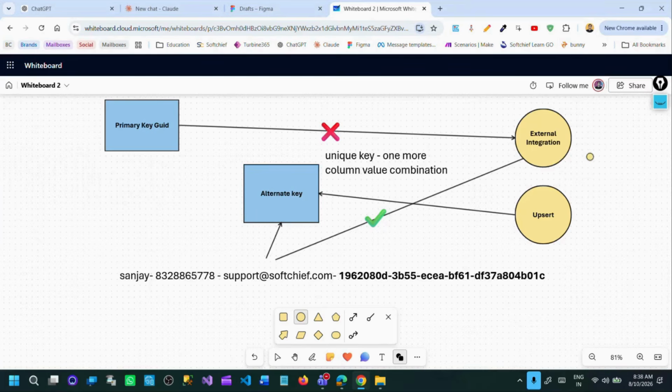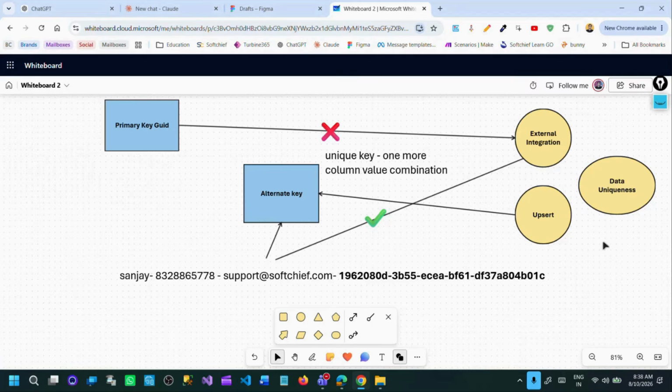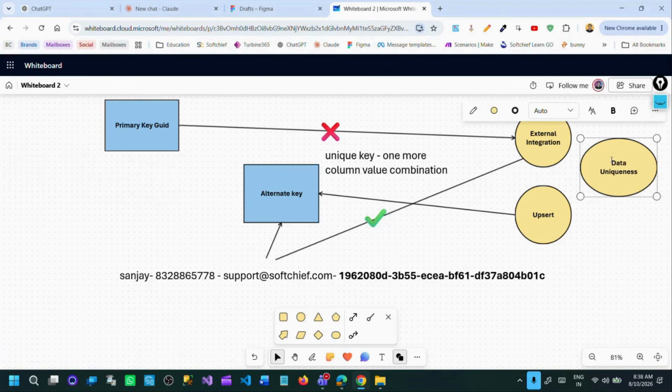The next use case is called data uniqueness. For this purpose also we are using an alternate key. What does it mean? To prevent duplicate records in the system, the alternate key is also used.